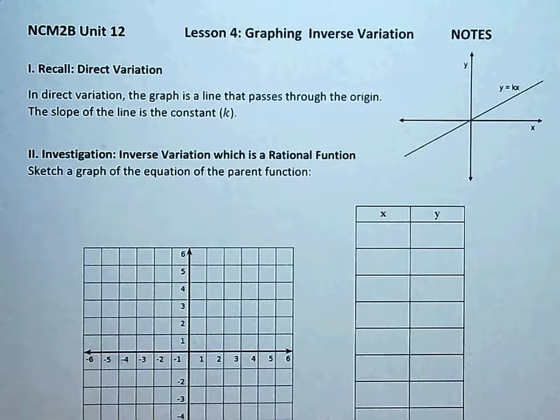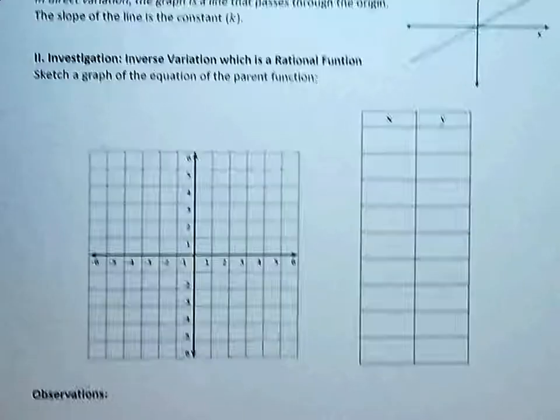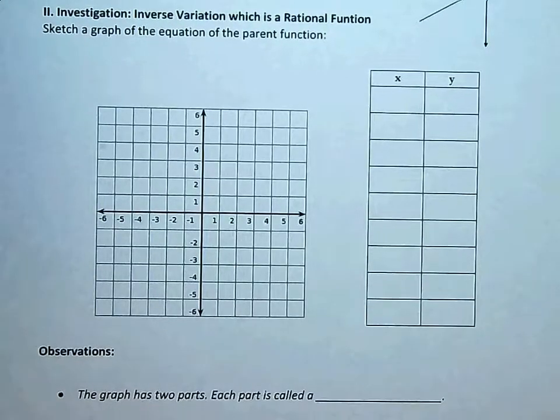Okay, so we're going to look at this guy together. Sam, you're 42. You're 42. Is that there? Okay.